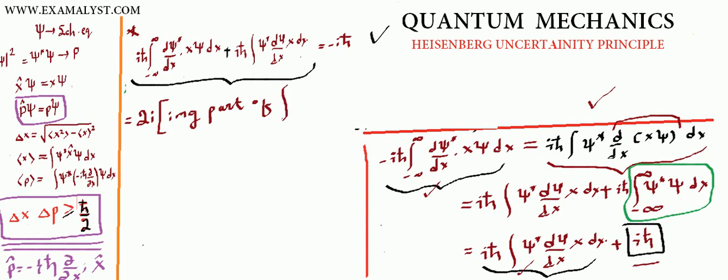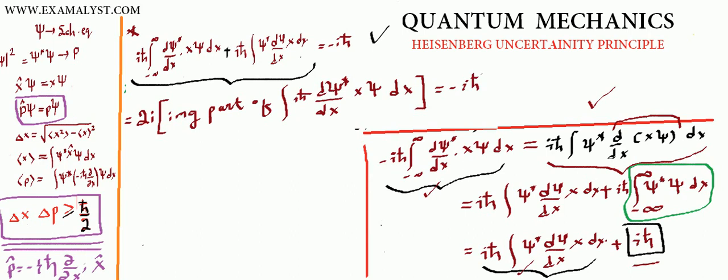So we have an integration iħ dψ*/dx into x into ψ into dx. So this imaginary part is actually equal to minus iħ. Okay, so somehow the real part has to be 0.